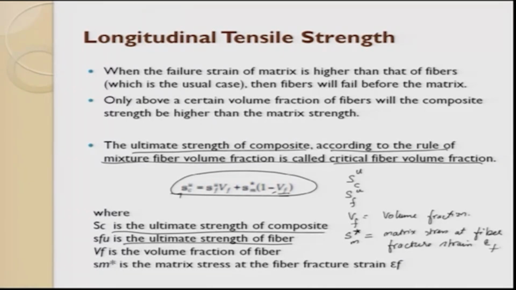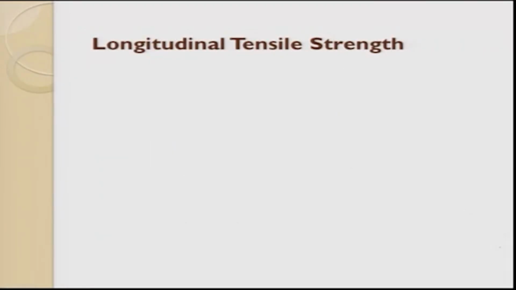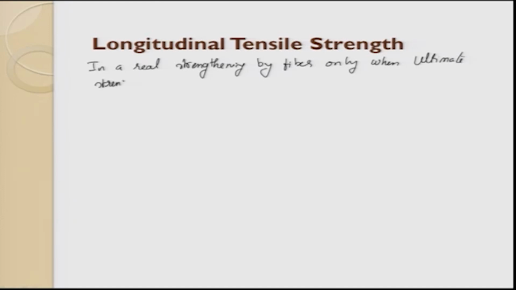So if you want to really derive this equation, in a real sense, there is strengthening by fiber only when the ultimate strength of the composite exceeds the ultimate strength of the matrix.